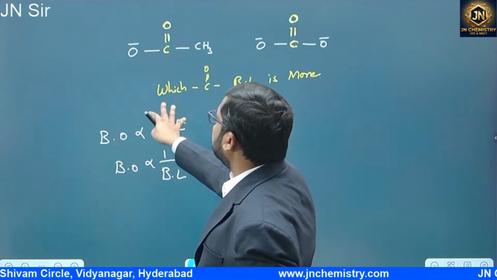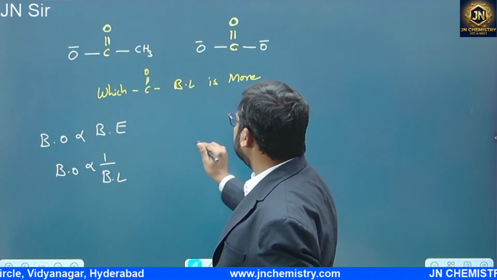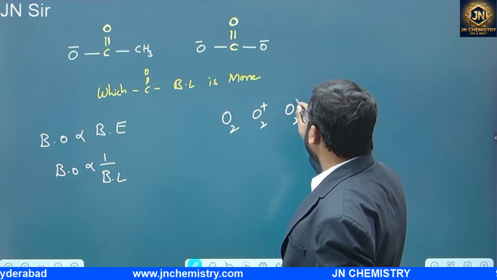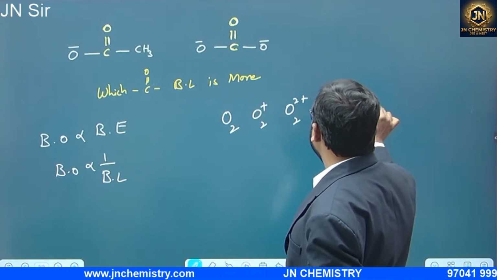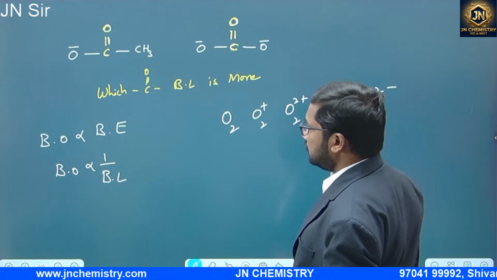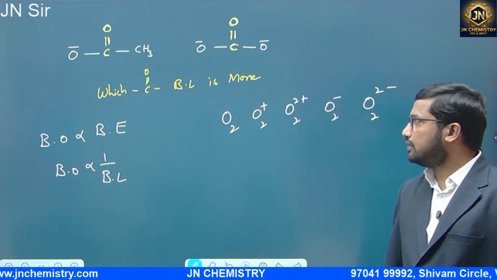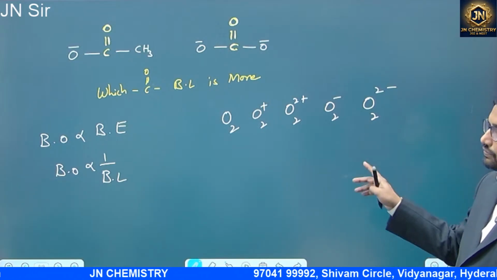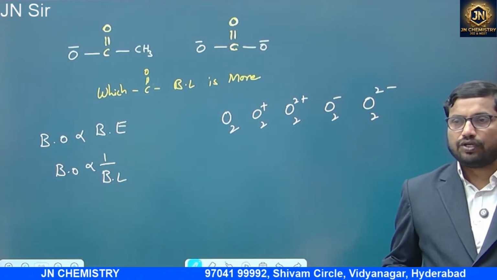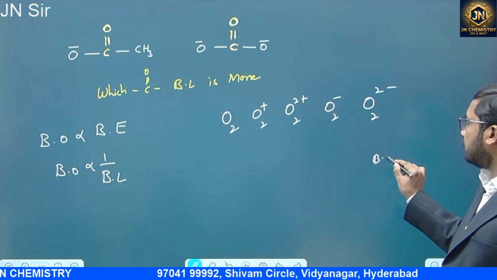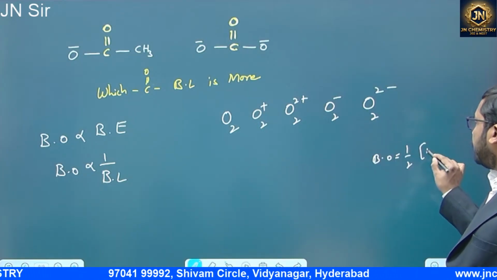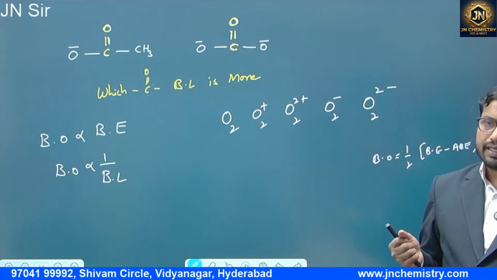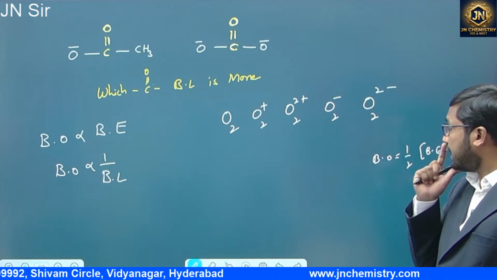For example, O2 plus, O2, O2 minus, O2 2 minus. Let me know the bond order. In chemical bonding we'll get this. So here is one shortcut we are using, right? Bond order generally is equal to half into bonding electrons minus anti-bonding electrons.